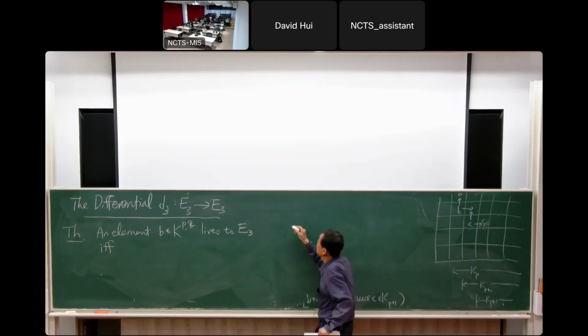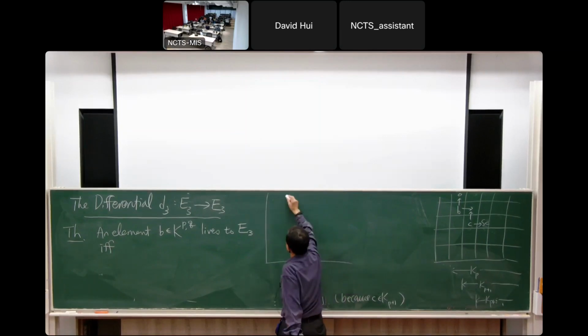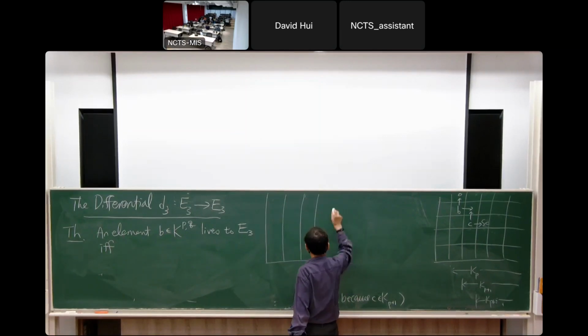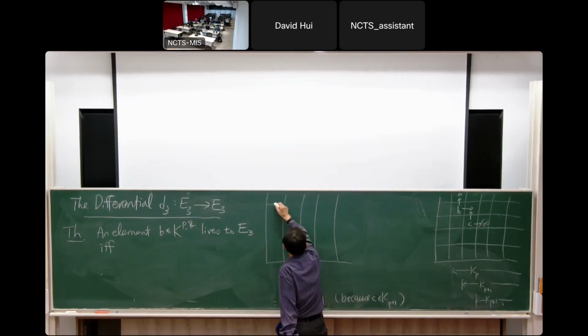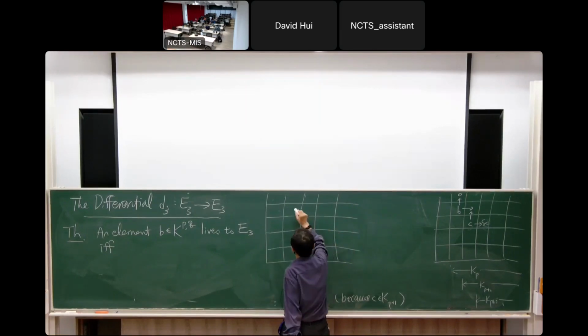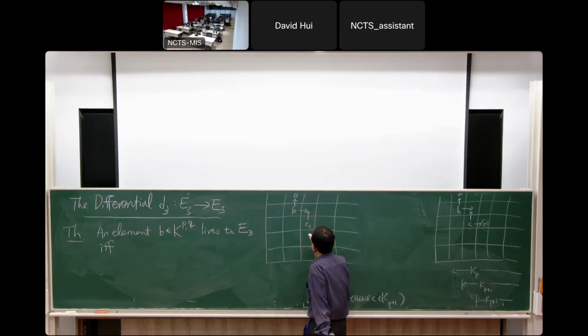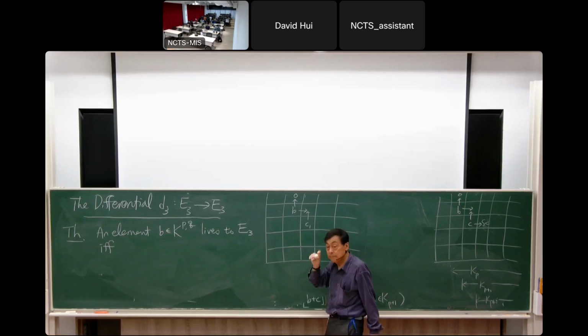So let's say B is here, and so D of B has to be 0, and then since it's in E3, okay, it lives to E2 also, so it has to have a zigzag like this. But to live to E3 means that there's one extra term.